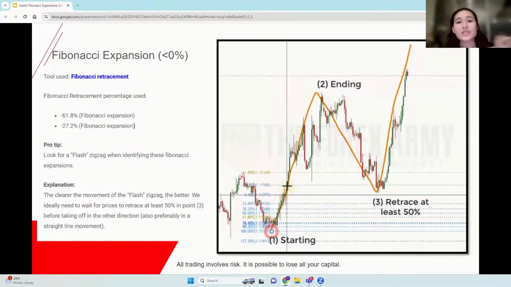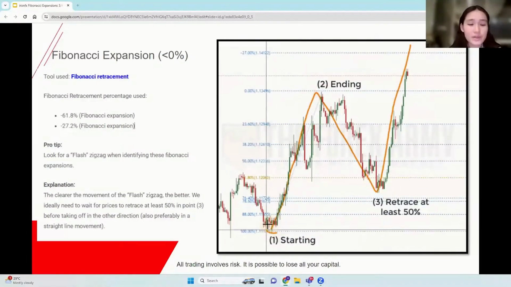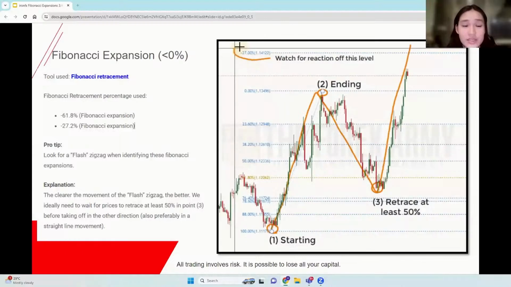Before we get into that, I just want to introduce to you guys a website that you can use if you're just starting out on Fibonacci techniques.